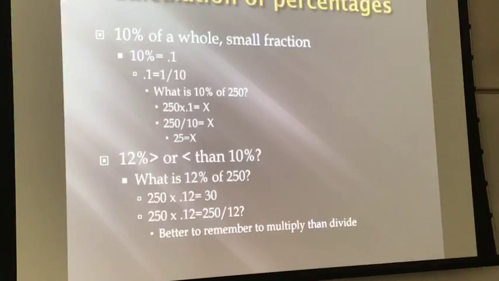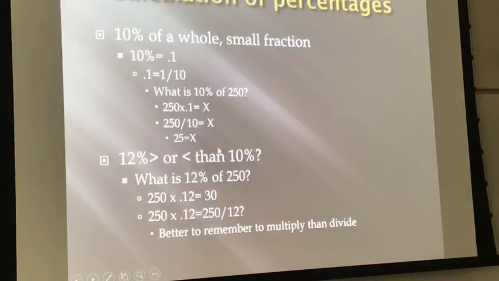If you've moved your decimal place 1 place to the left, what are you going to have to do when you multiply everything out? Move it 1 place to the left, right? So 10% of 250 would be 250 times 0.1, and that's the same thing as 250 divided by 10. So 10% of 250 is 25.